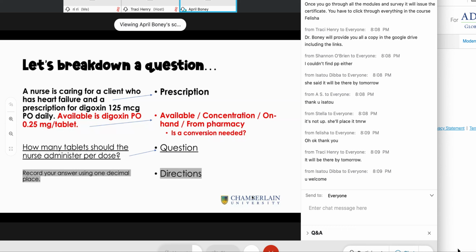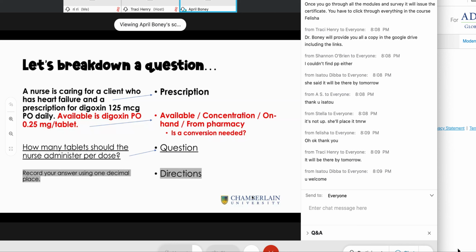What you hopefully quickly notice in this problem is that our order is in micrograms, but what we have available is in milligrams. In reality, it probably doesn't matter which conversion you do. I personally like to, and teach students to, convert to what's available because that's what you have to give, right? I have milligram tablets. So I'm going to take my order and convert it to milligrams so that I'm working with what is actually available.